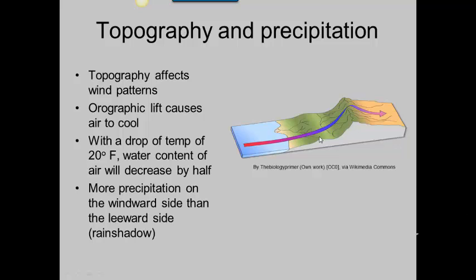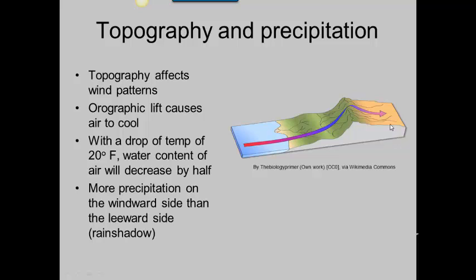So what we see is more moisture falling on the windward side of a mountain range compared to the leeward side, which is this side over here where we see the colors going from green to yellow, and that yellow is indicating that this is a really dry and a relatively warm area.